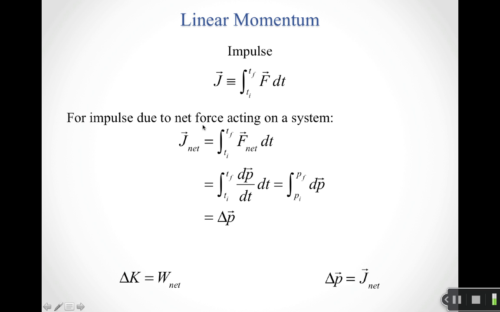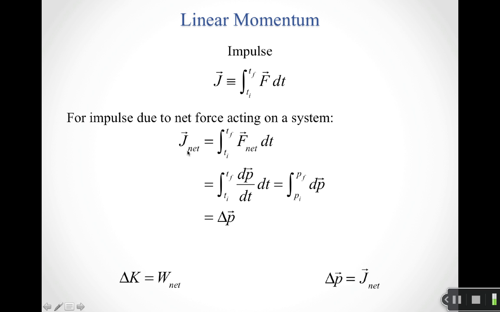Now, interestingly enough, if I think about the impulse due to the net force acting on a system, the net impulse, well, the net force is just dp dt. That's Newton's second law here. And I see that this simplifies. The dt's cancel. I change my integration, so instead of being over time, since that has disappeared, now it's over momenta. So what this tells me is the net impulse is equal to the change of momentum.